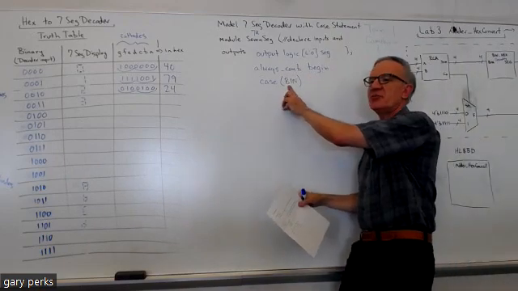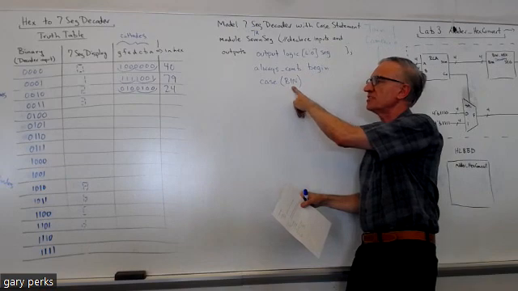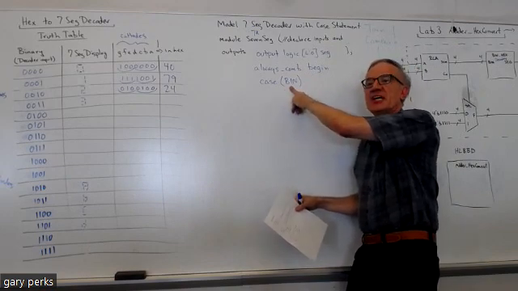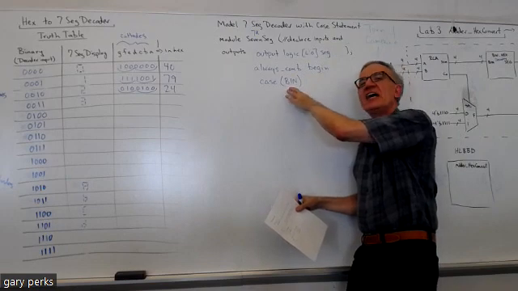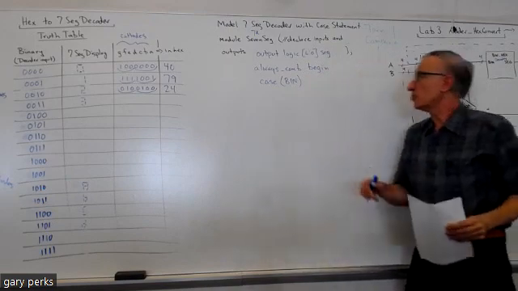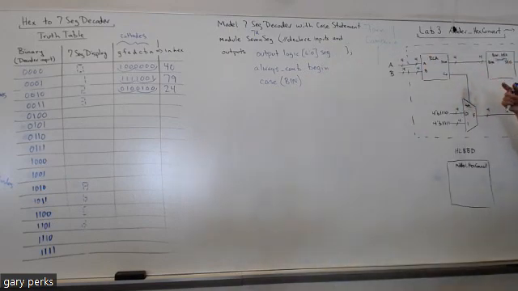And the reason I put that within the parentheses and make it part of the sensitivity list is because whatever you put as your sensitivity list, when that changes, that's when the case statement gets evaluated. So we want this case statement to be evaluated every time our sum output of our RCA changes, right? Because when that changes, this input's going to change, right? Because they're connected directly together.